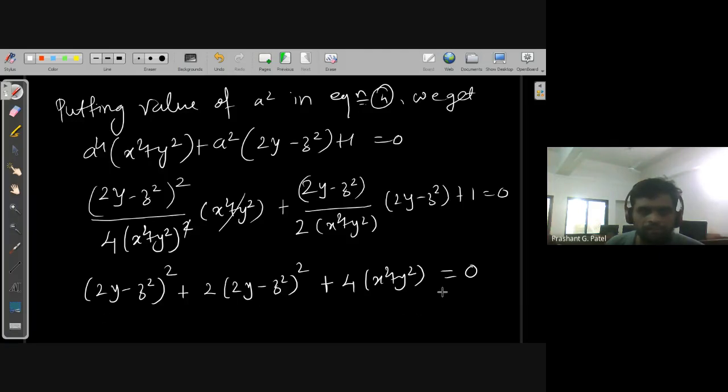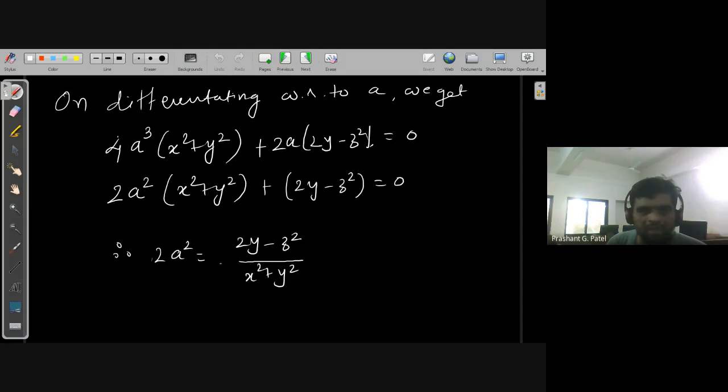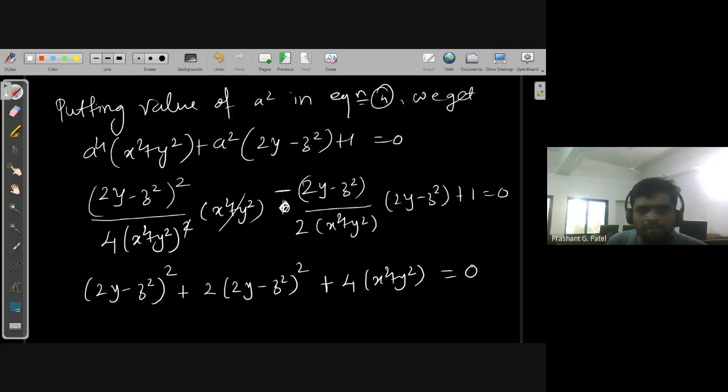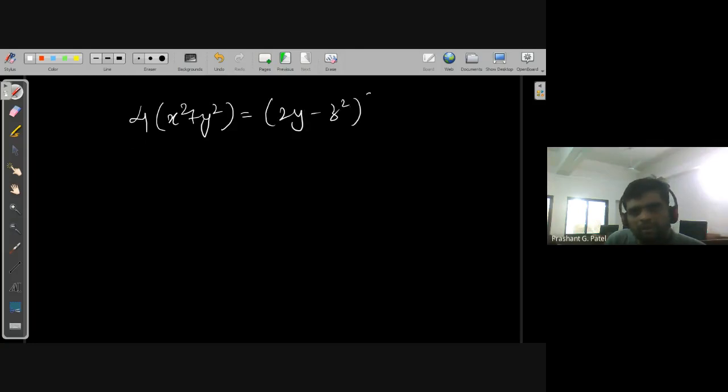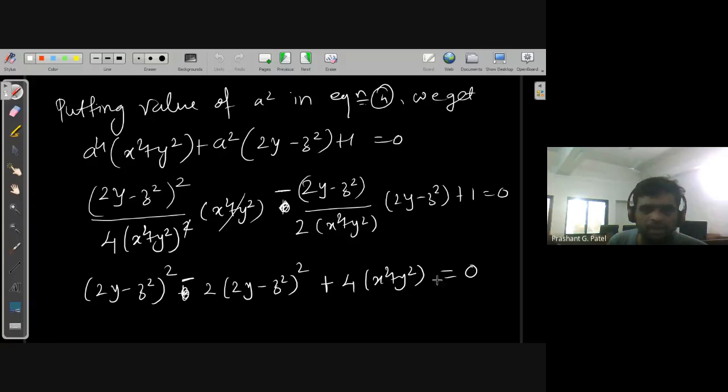So here you will have a minus sign. So finally what we got is 4 into x square plus y square equal to 2y minus z square whole square. That is exactly the quantity we have here.